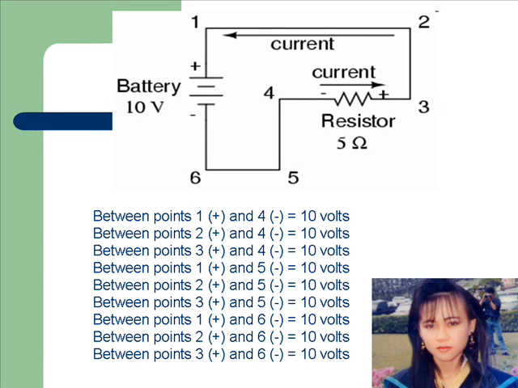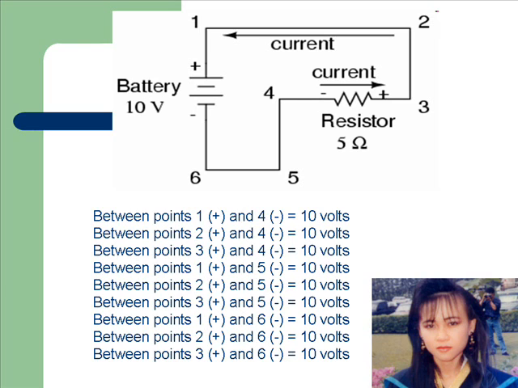Polarity of voltage drops. As the current encounters the 5 ohm resistance, voltage is dropped across the resistor's ends. The polarity of this voltage drop is negative at point 4 with respect to positive at point 3.